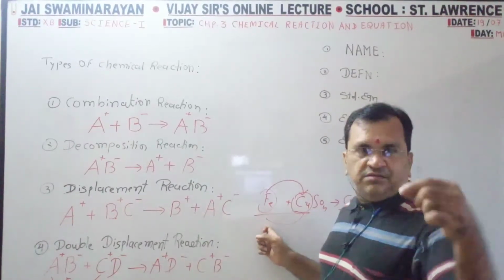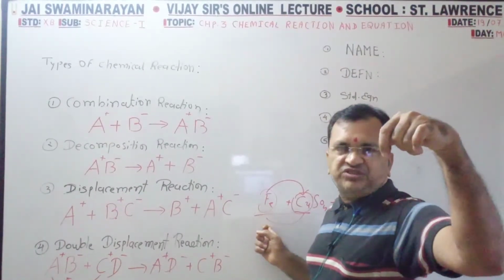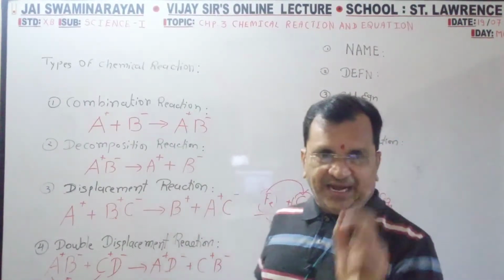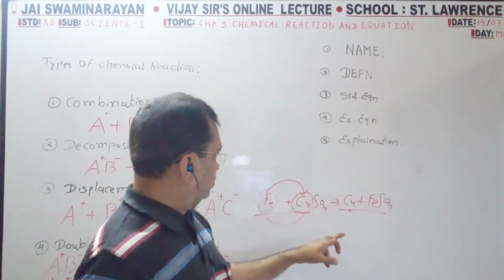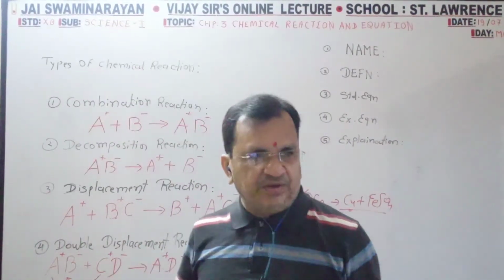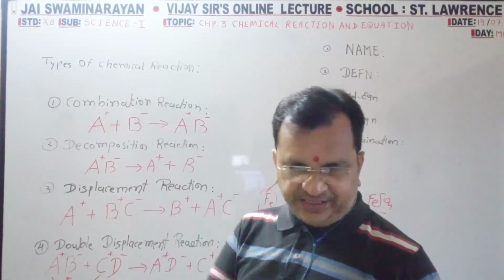So iron nail, copper sulfate solution, when you stir, copper will be deposited on the iron part. So Cu plus FeSO4. Now take one acid and one base.